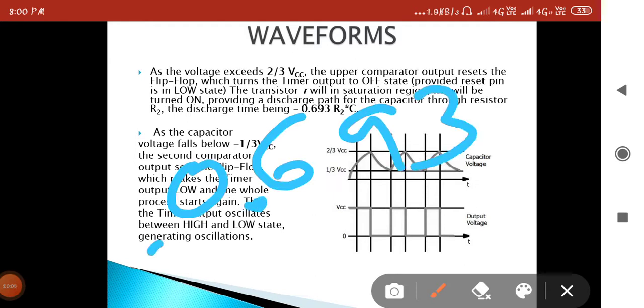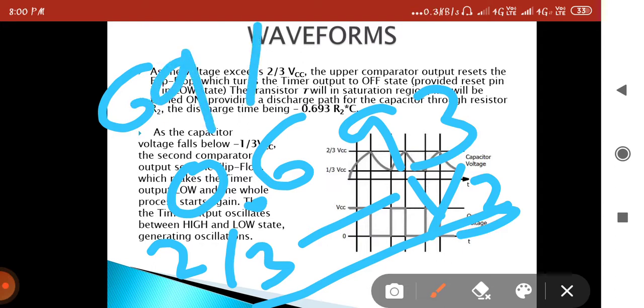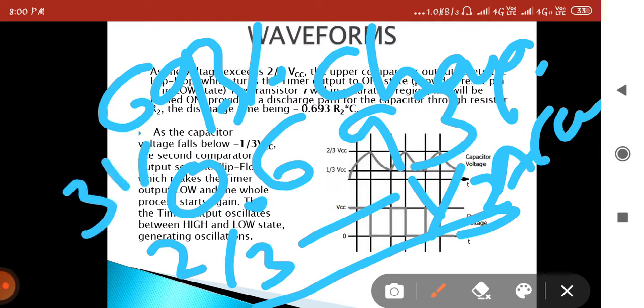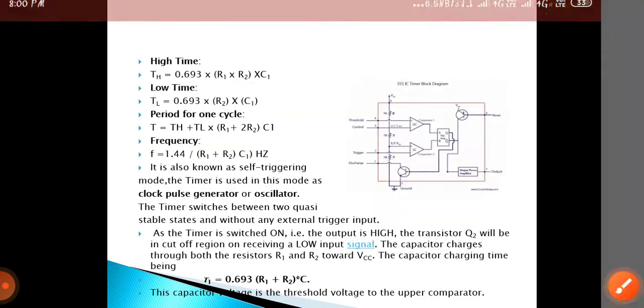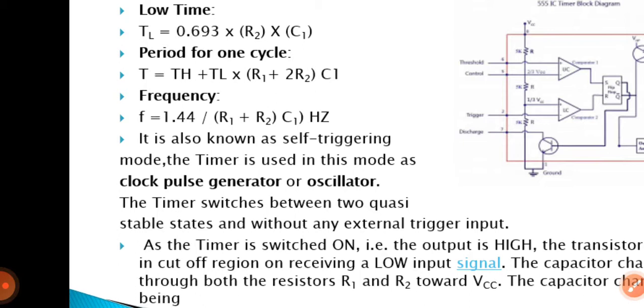Because the voltage varies from 2 by 3 VCC to 1 by 3 of VCC, the charging and discharging is continuous. 69.3% of the voltage it is accepting while charging, and the remaining 31% it is rejecting. That's why we use 0.693 here.